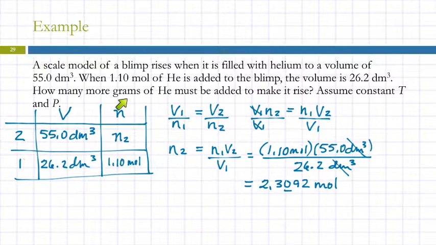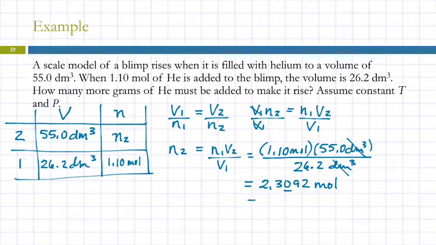But this is the amount of helium in the blimp when it starts to rise. The question is asking us, how many more grams of helium do we have to add? So we've got 1.10 moles in there. How many more grams do we have to add? Well, could we figure out how many moles we need to add? This is the number of moles we need to end up with. This is the number of moles that's already in there.